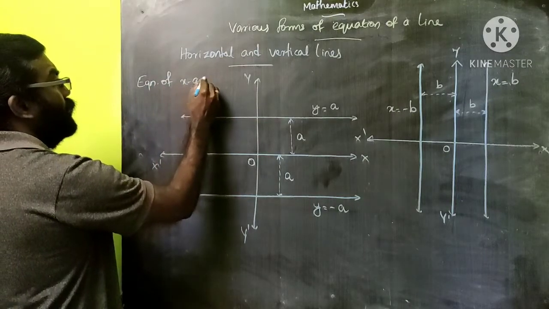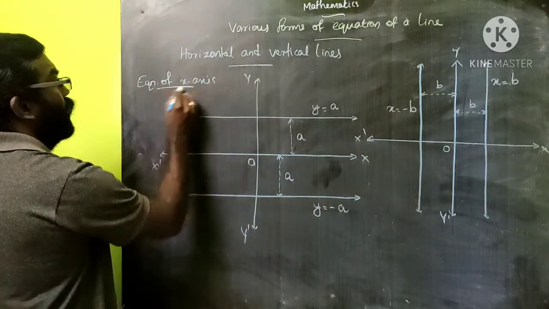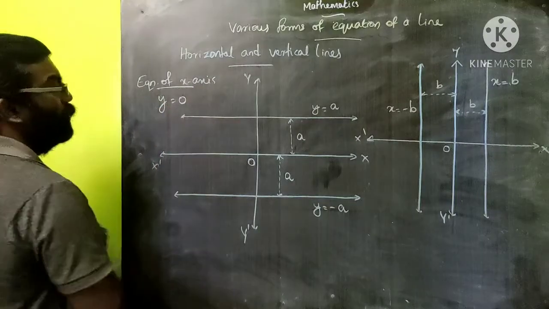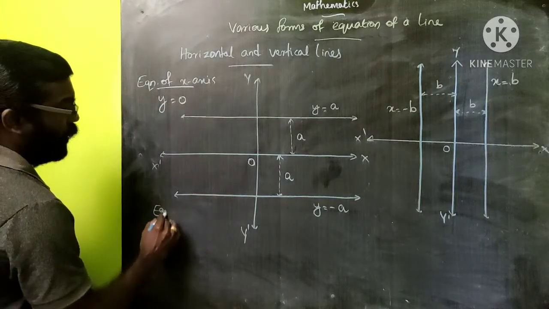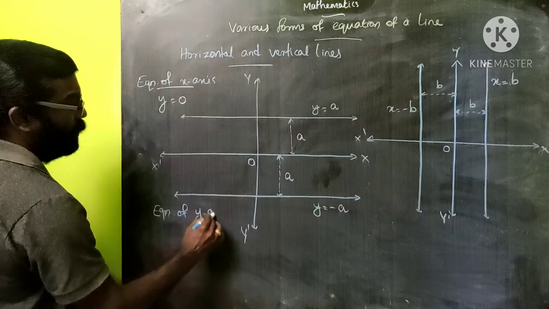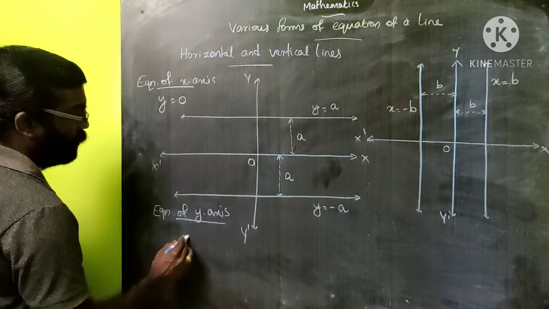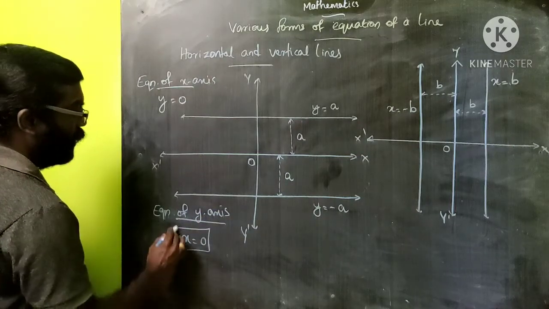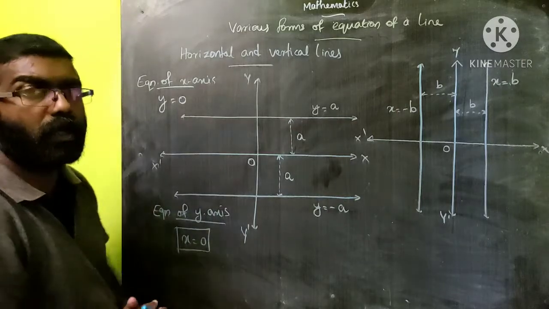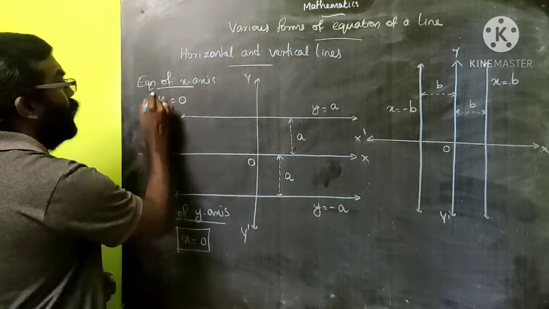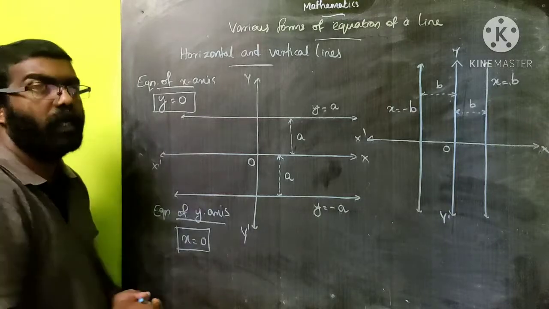Equation of x-axis is y is equal to 0. And equation of y-axis is x equal to 0. Okay. So x equal to 0 is the equation of y-axis, and y equal to 0 is the equation of x-axis.